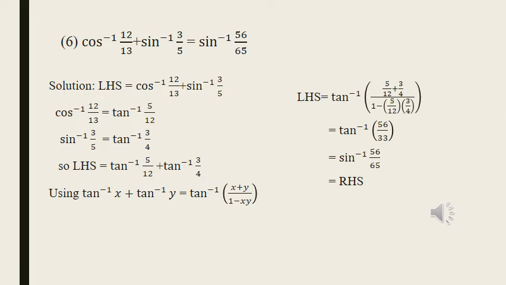You find out hypotenuse using Pythagoras theorem. Then write down sine theta. Then we get sine theta equal to 56 by 65, or theta equal to sine inverse 56 by 65. So tan inverse 56 by 33 is same as sine inverse 56 by 65.